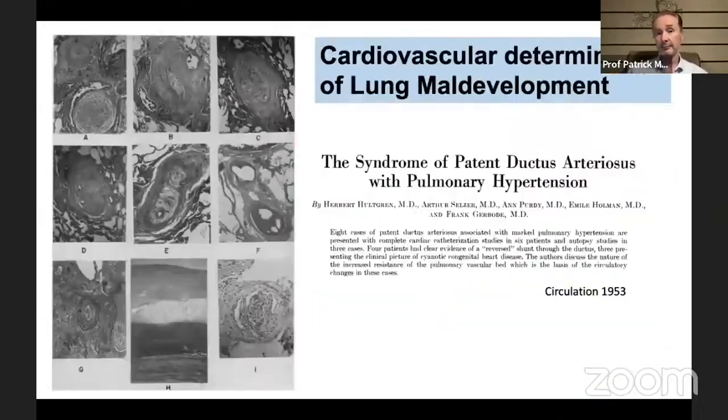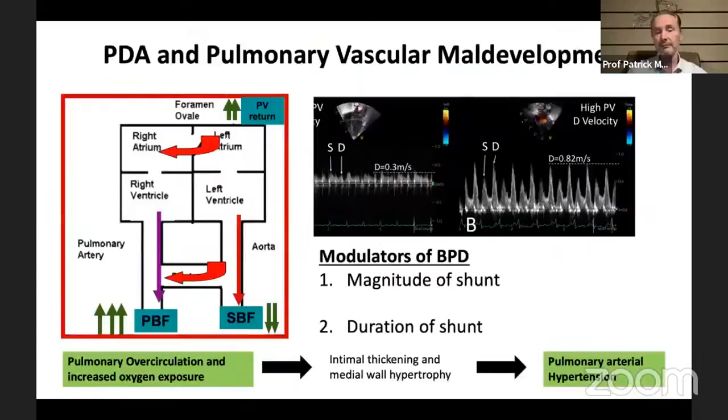Is this true? Well, if we think of the most controversial cardiovascular problem that's been associated with BPD, the ductus arteriosus, we've known now for 70 years that PDA is associated with pulmonary hypertension.